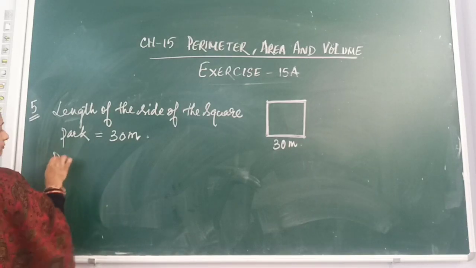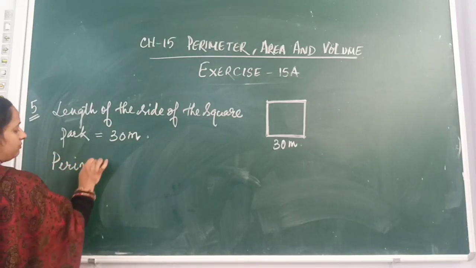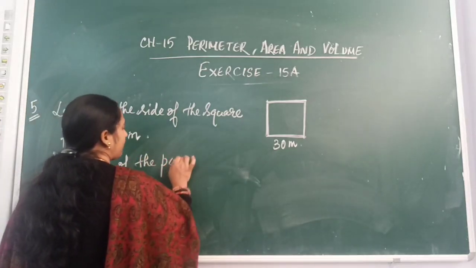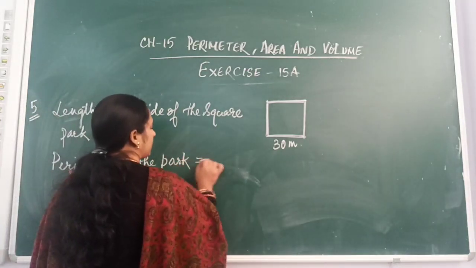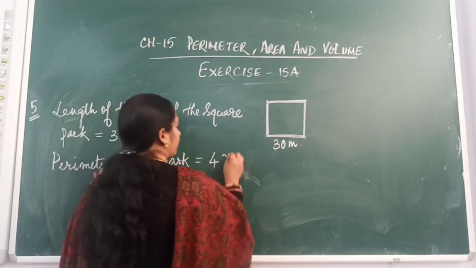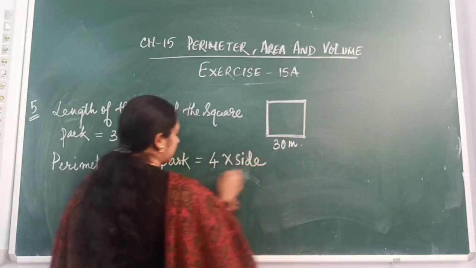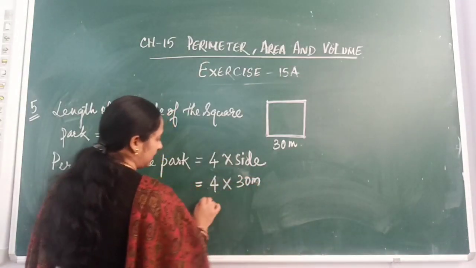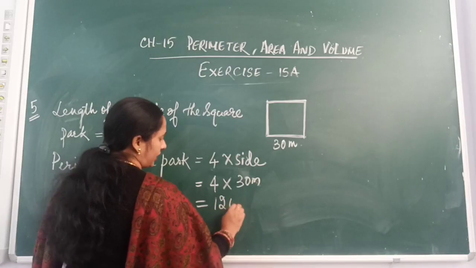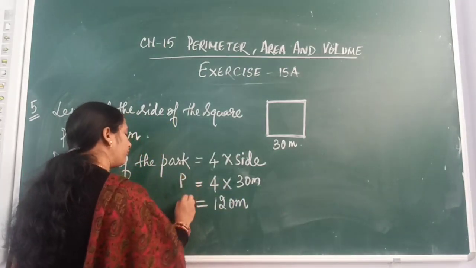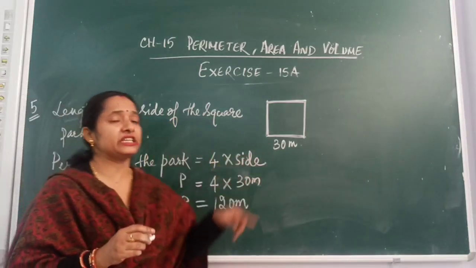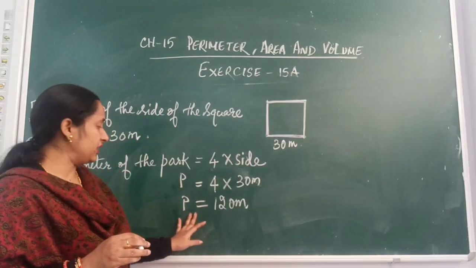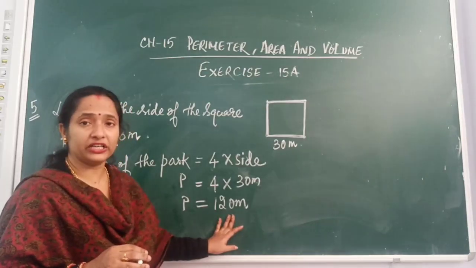We will find the perimeter. Perimeter of the park. As the park is in square shape, the perimeter formula which we will use is 4 multiplied by side. This is equal to 4 multiplied by 30 meter and this will be 120 meters. So, in one round, if she is completing a complete round of the square park, she is covering about 120 meters.